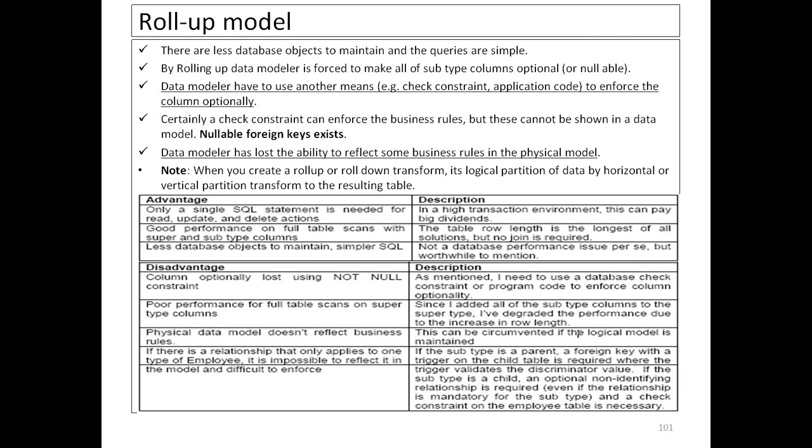The data modeler has to use other means, like check constraints or application code, to enforce the column optionality. Nullable foreign keys exist and the data modeler has lost the ability to reflect some of the business rules in the physical model. When you create a roll up or a roll down transform, it is a logical partition of data, by horizontal or vertical partition, transformed into the resulting table. That is what roll up and roll down are.